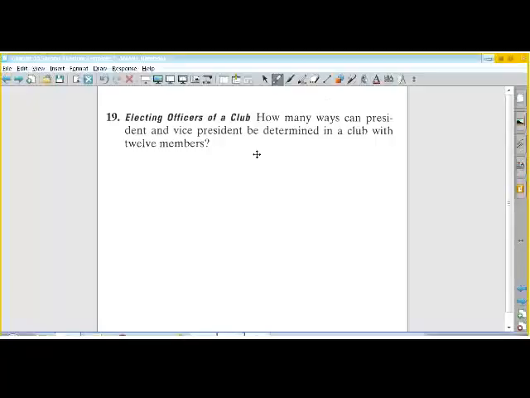It is, yeah, different job. So anytime you're dealing with officers, order is important. So order means permutations, which means I use the same formula as in the last problem. We just have to figure out what n is, the bigger number. So what is n, and what is r?